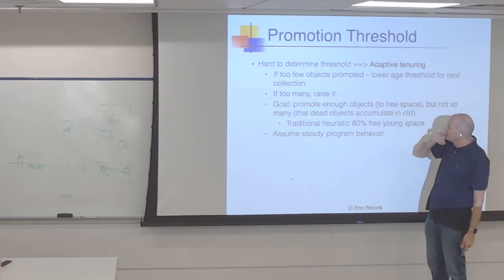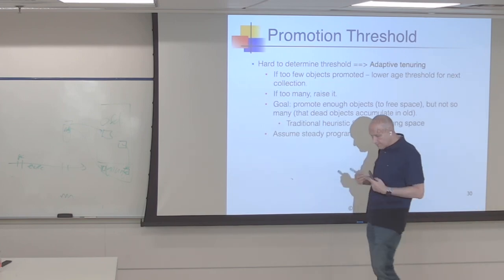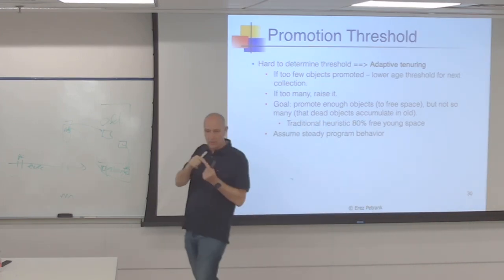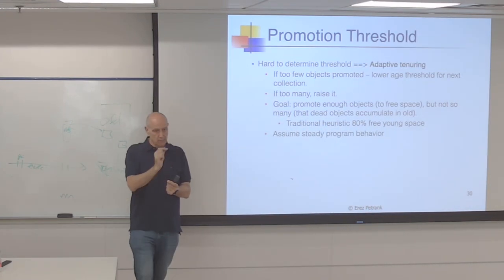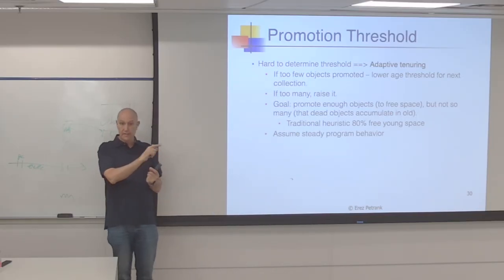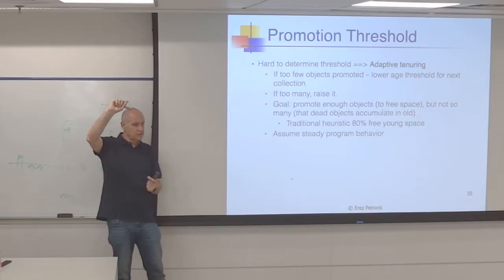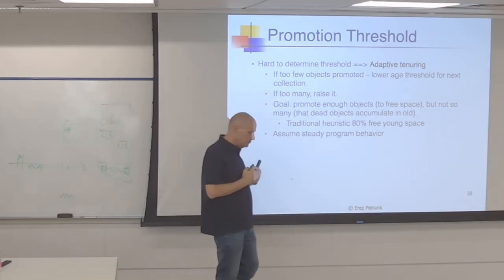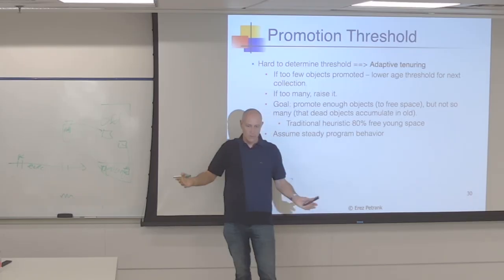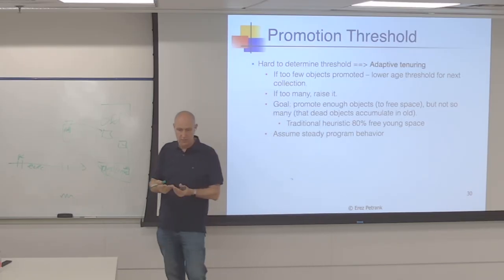What happens is, if I get to an object and I need to either move it to another semi-space of the young generation or to promote it to the older generation, then I don't get a full view of what's going to happen in this collection.